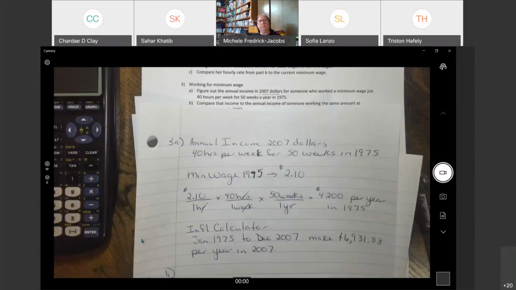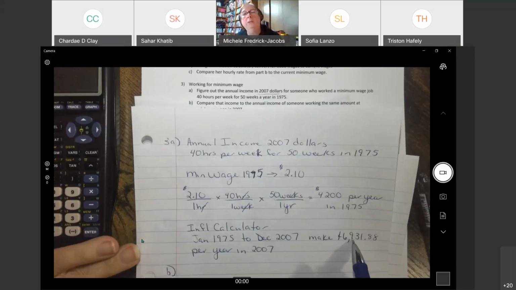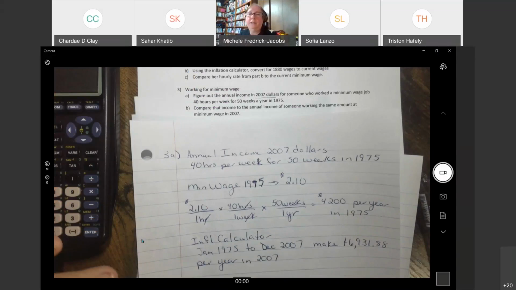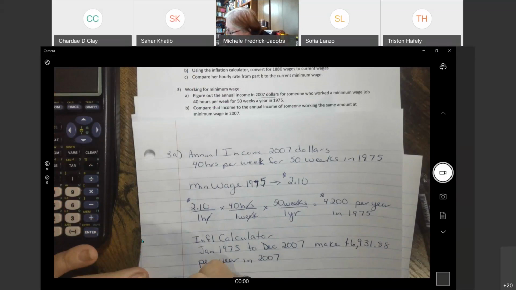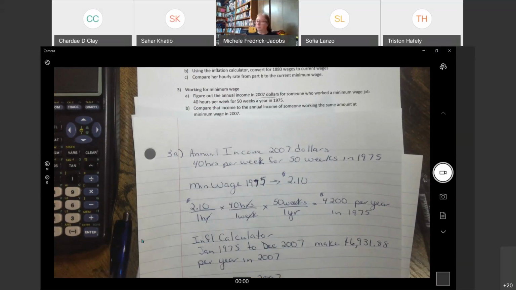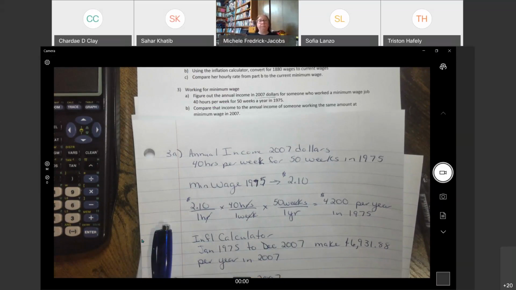Okay, thank you. Now, part B, compare this answer to someone working the same amount at the minimum wage in 2007. Has anyone looked up the minimum wage in 2007? What happened with minimum wage in 2007? There's two different values.